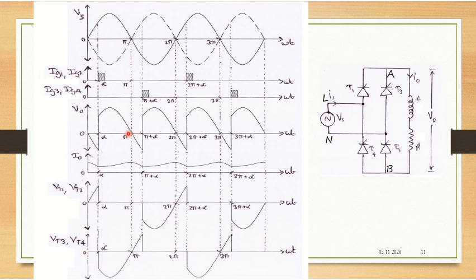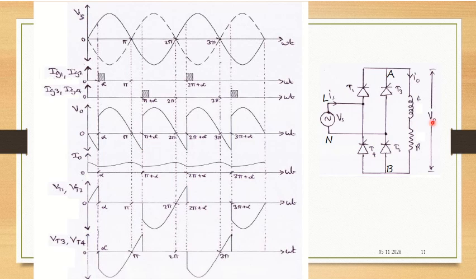Now, because of this inductor, you know the property of the inductor. Even when the input signal is going negative, the inductor current is still there in the circuit, which keeps T1 and T2 on even during the negative cycle, for a small duration of time.